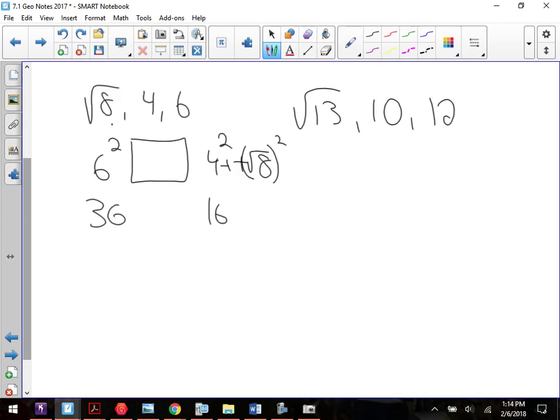The square root of 8 squared, 8. What's 16 and 8? Is 24 bigger, or is 36 bigger, smaller, or equal to 24? Therefore, it is. That's what you're doing, guys. You're checking to see via your calculator for your approximations prior to doing the work.